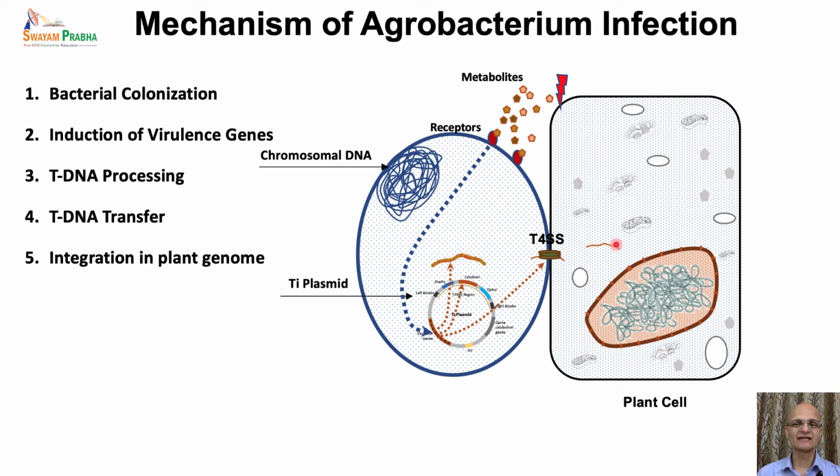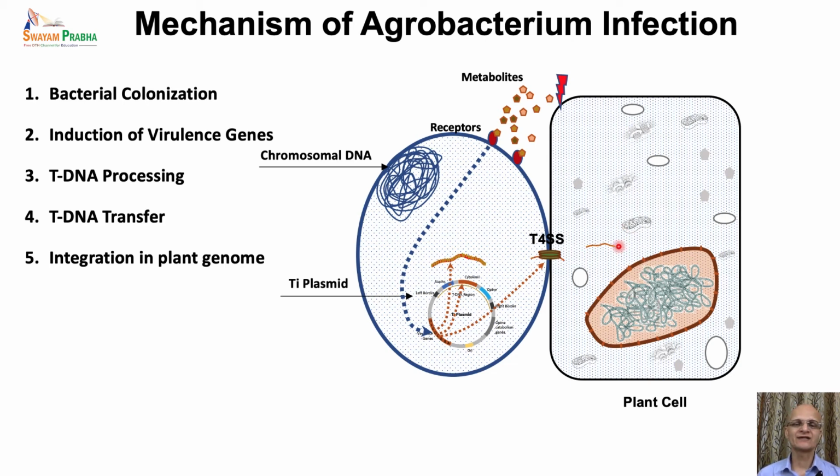During this process, the transfer of tDNA to the nucleus, it takes help from other plant proteins too. So basically, these agrobacterium components interact with the plant proteins or plant components in the plant cell and recruit some of the plant's machinery for transferring the single-stranded tDNA complex to the nucleus of the plant cell.